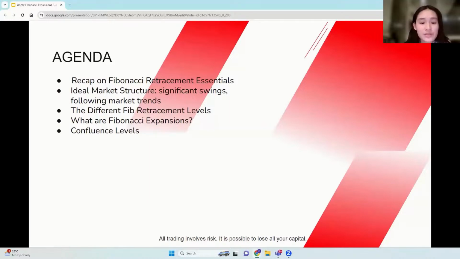And then we'll look at the different Fibonacci retracement levels, and then we'll get into this week's Fibonacci expansions technique, followed by how we can combine what we've learned previously with what we're going to learn today, and combine them to form confluence levels.